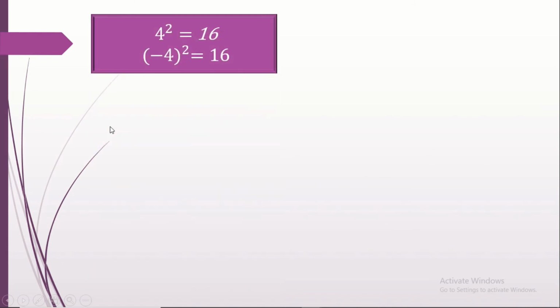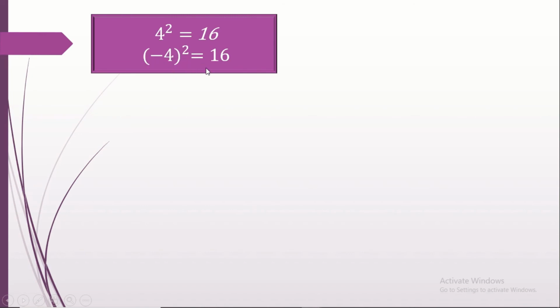Now let's start an activity which is very important. If we have, for example, x squared equals 16, let's think about it. What numbers do we raise to the square to give us 16? Actually, 4 squared equals 16. Also, minus 4 squared gives us 16. Why? Since we have a square, which is an even power, the minus becomes a plus.